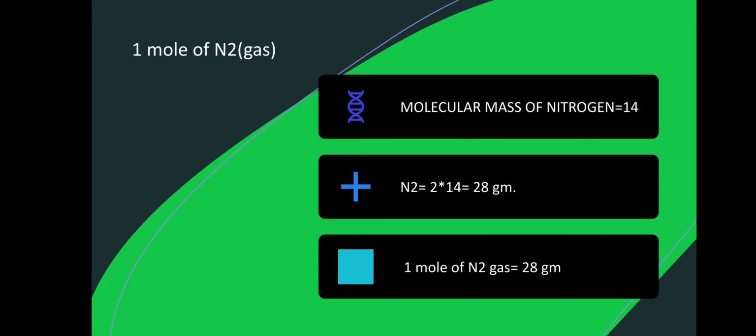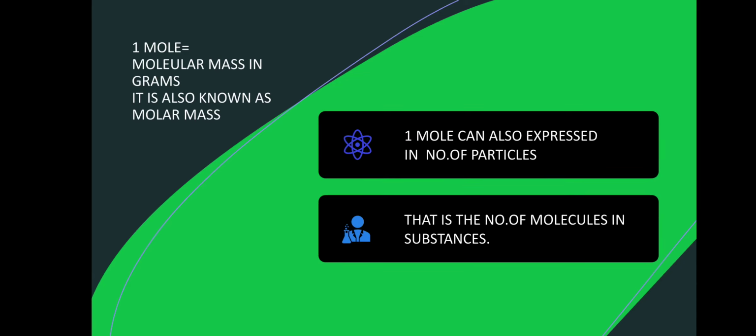So 1 mole of nitrogen gas is equal to 28 grams. So once again I will repeat, 1 mole is equal to molecular mass in grams, that is also known as molar mass. 1 mole of salt is equal to 58.5 grams. 1 mole of water is equal to 18 grams. 1 mole of nitrogen is equal to 28 grams.